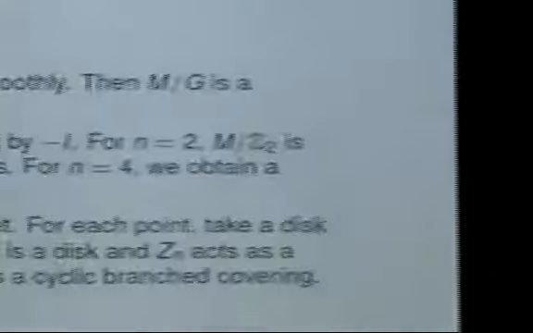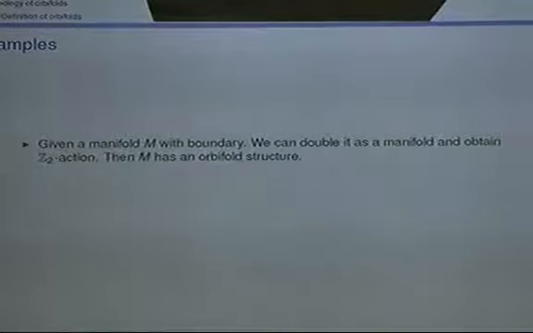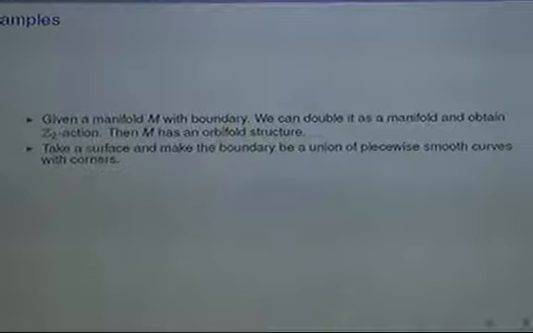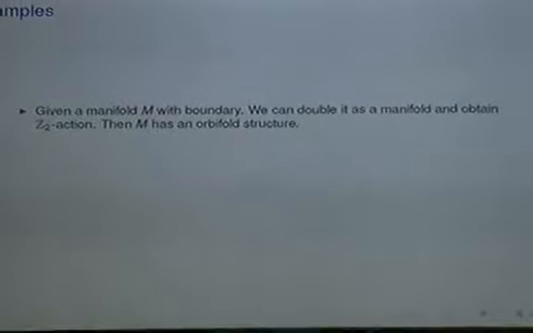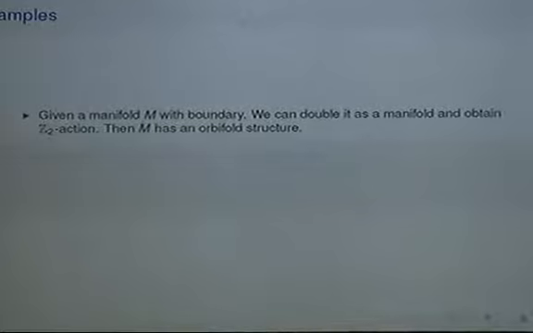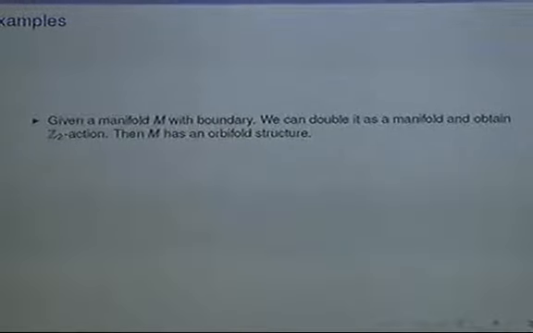Basic examples you can get very quickly. Even if you have a manifold with boundary, you can immediately double it to get an orbifold structure. You take two copies of it, and since the boundaries are the same, you identify them at the boundary only.